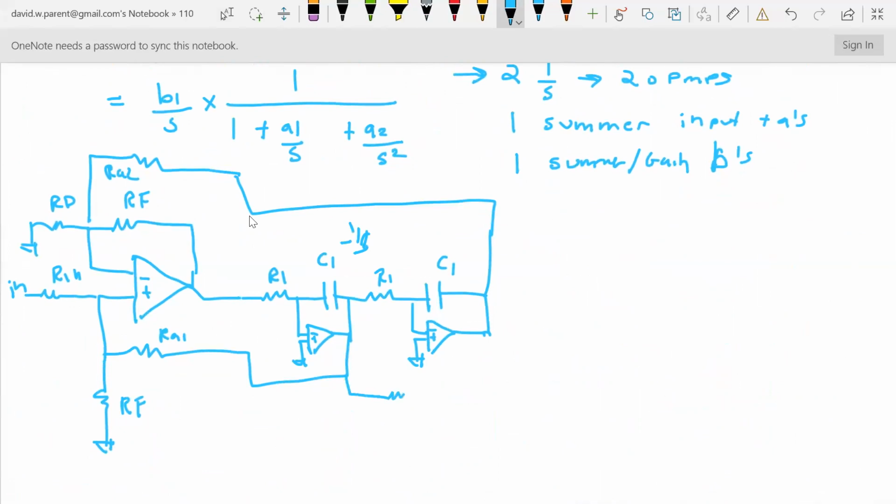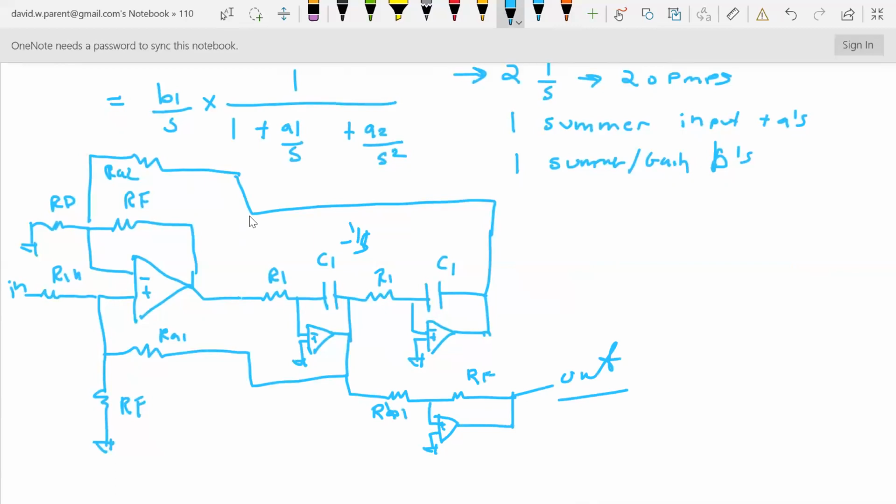I can draw this, there's my inverting amplifier, and I can call this RB1 RF and label that out.